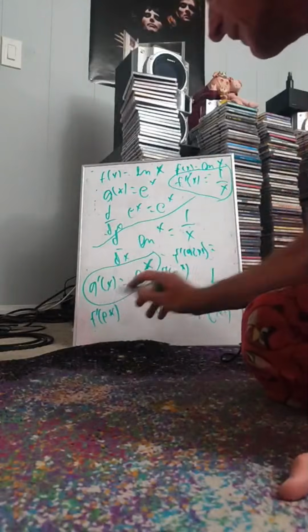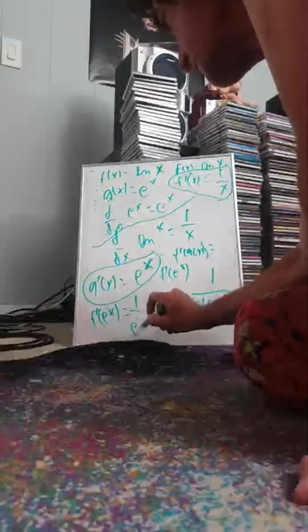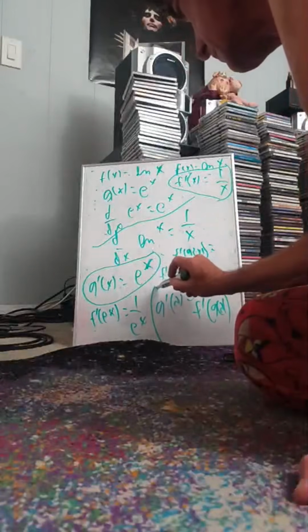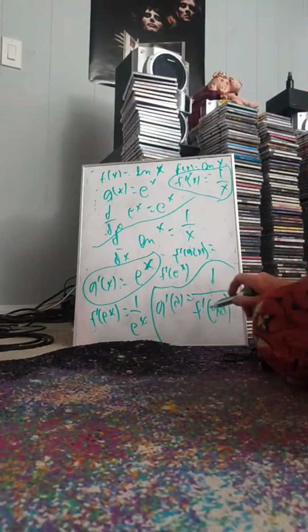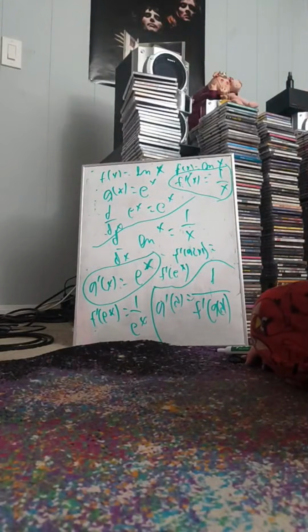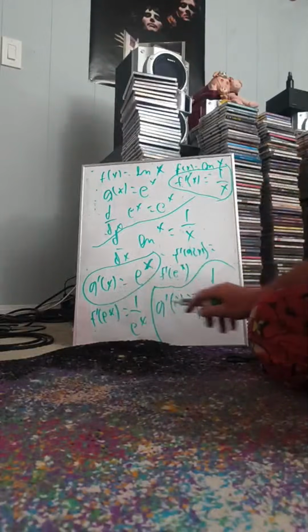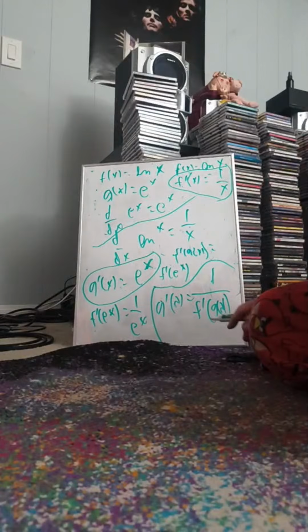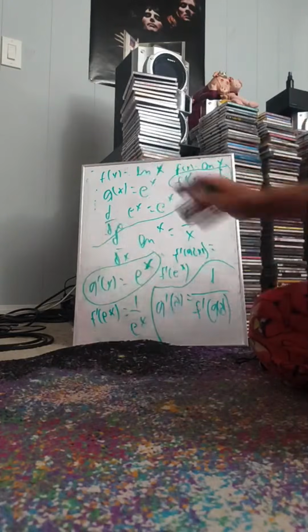So f prime of e to the x equals 1 over e to the x. Since g of x equals e to the x, f prime of e to the x, which is 1 over e to the x, is 1 over g of x.